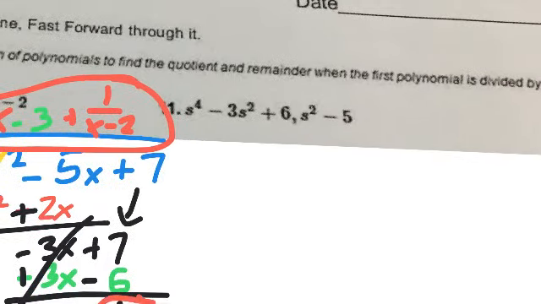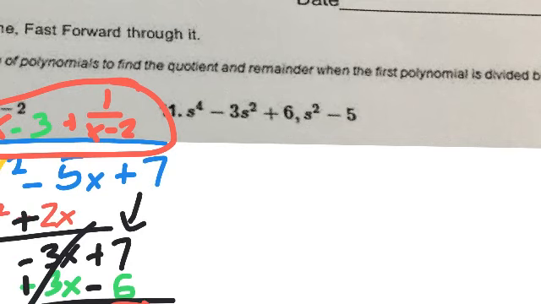Okay, let's do one more today. So what's different here? My trinomial, s to the 4th minus 3s squared plus 6. This is a weird example. We're going to go ahead and act like this is a normal example.